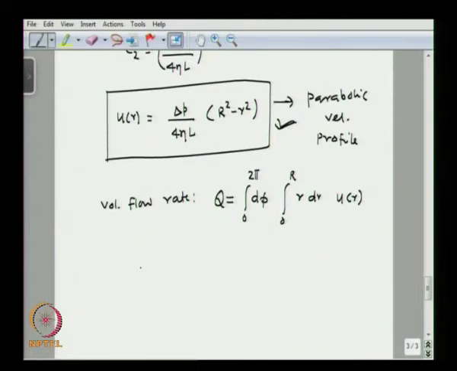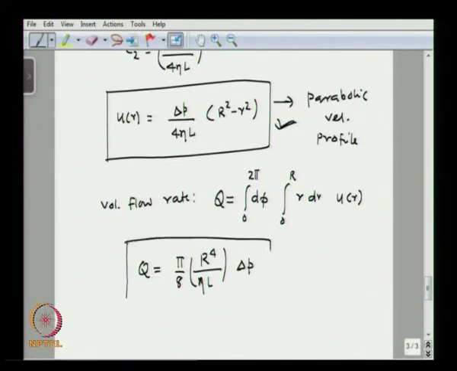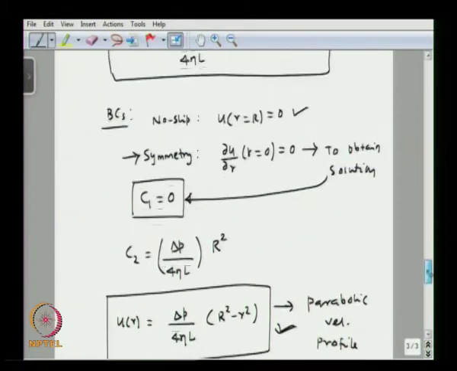If you do that, you will get Q equal to pi by 8 R to the power 4 divided by eta L into delta P. So that is the expression for the flow rate in a circular channel cross section.